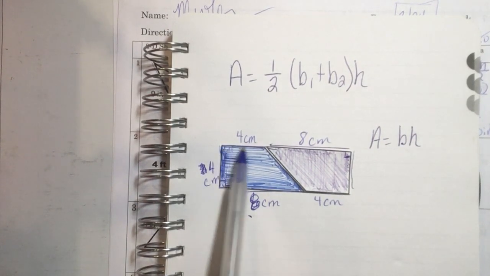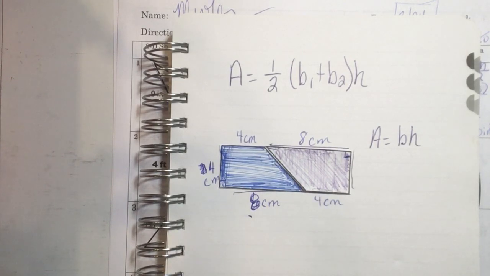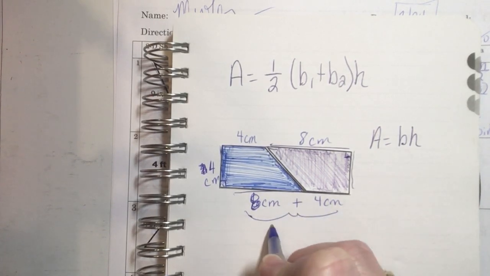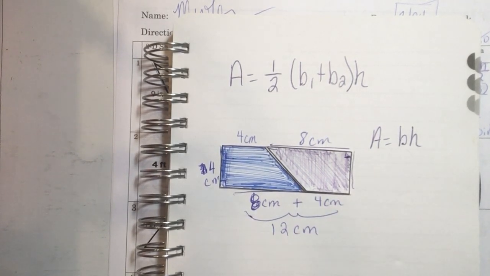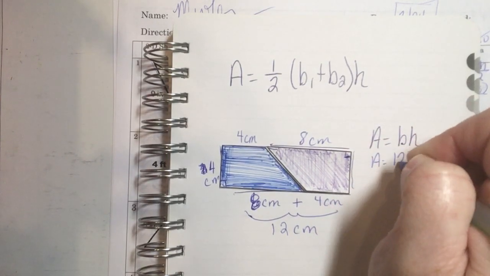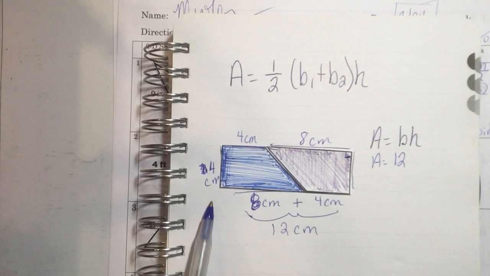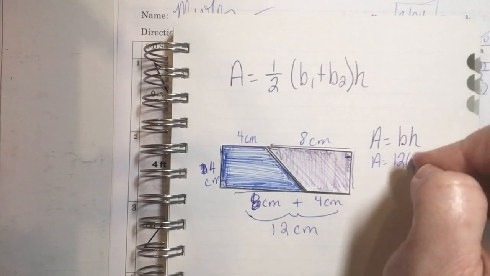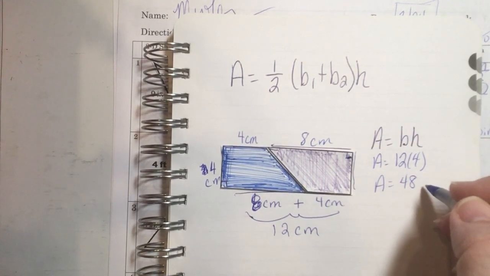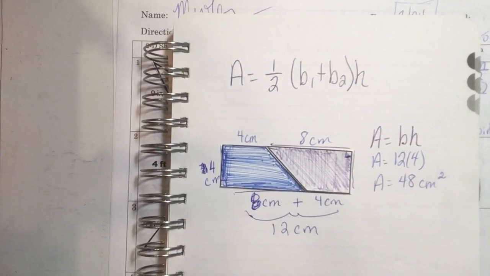So the base of our rectangle is 12 because 8 plus 4 equals 12 centimeters. So our area is going to be base 12 times our height of 4. So 12 times 4 is 48 centimeters squared.